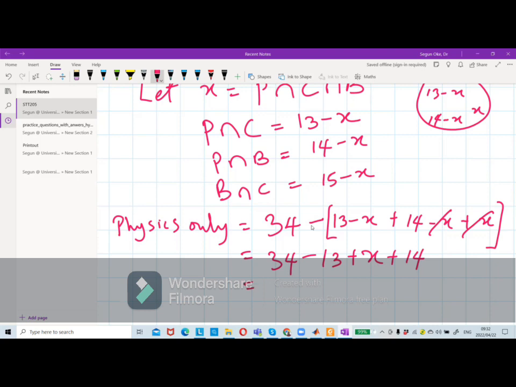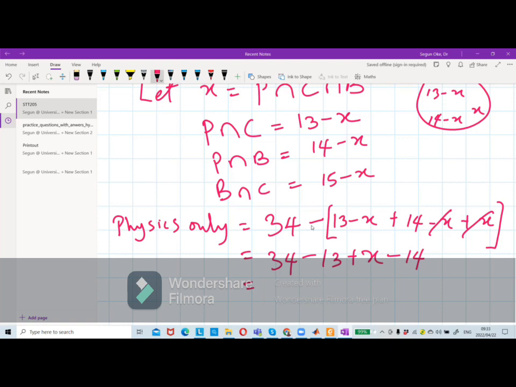So physics only will now be, let's add them together. When you do the addition very well, you have 34 minus 13 plus 14. No, minus 14, sorry, because the minus will have affected this, while the minus affects this one.